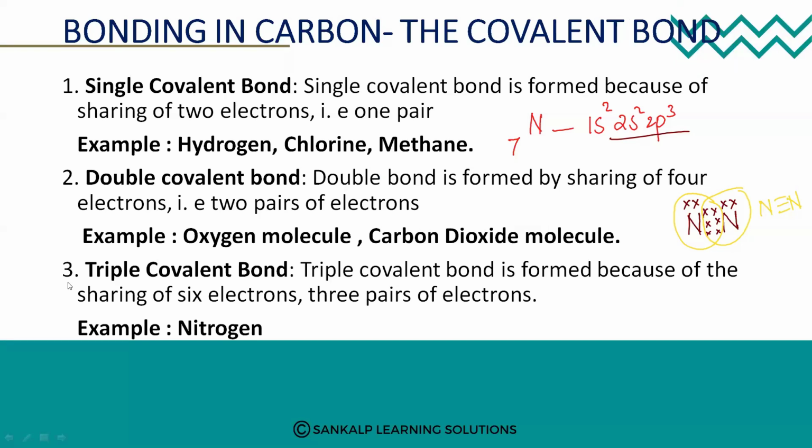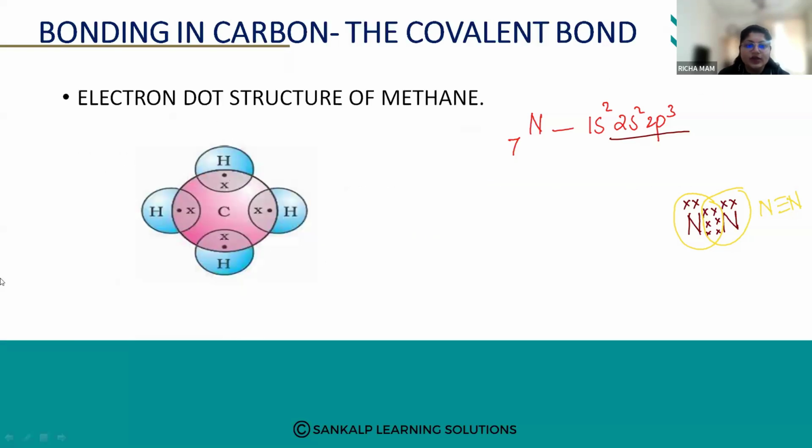This covalent bonding is of three types. When one pair of electrons is shared, it is called a single covalent bond. When two pairs are shared, it is called a double covalent bond. When three pairs of electrons are shared, it is called a triple covalent bond. Okay, let us go for the next one.